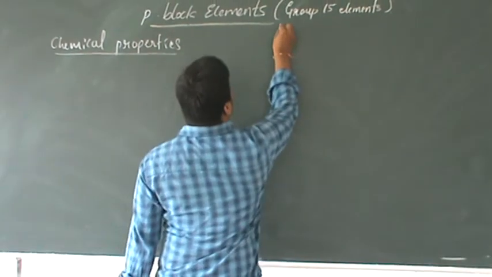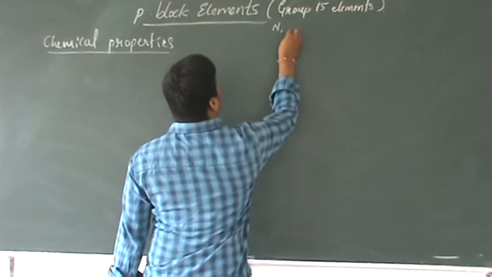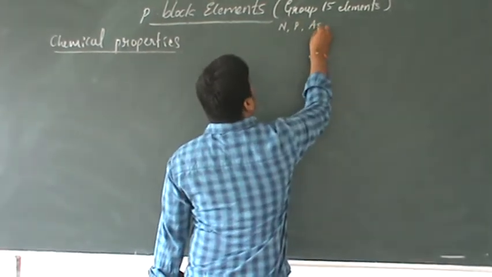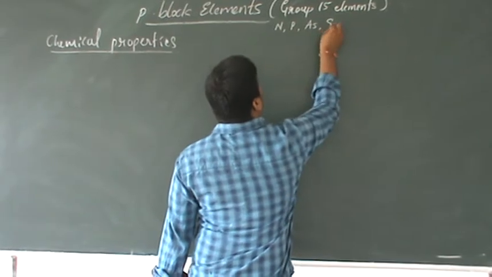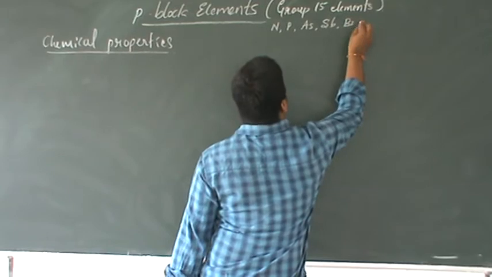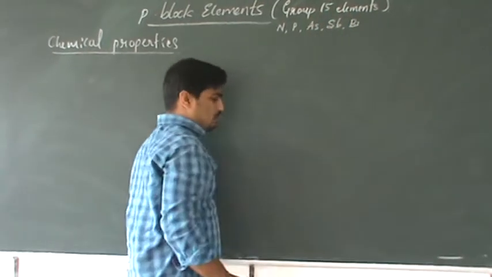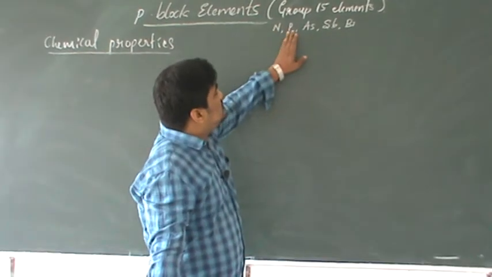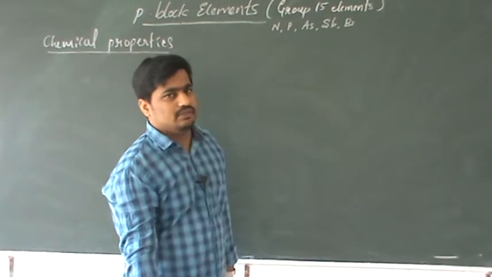The names of the elements are nitrogen, phosphorus, arsenic, antimony, bismuth, and another one, moscovium, which is not included. Nitrogen, phosphorus, arsenic, antimony, bismuth.